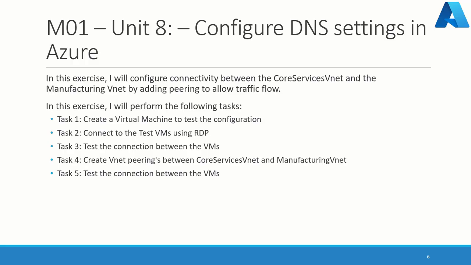So what I'm going to do in this exercise now is create a virtual machine in the Manufacturing Vnet, and I'm going to use it to test the connection, before I move to task 4, where I'm going to pair the 2 virtual networks, and I will then go back and test it once again.